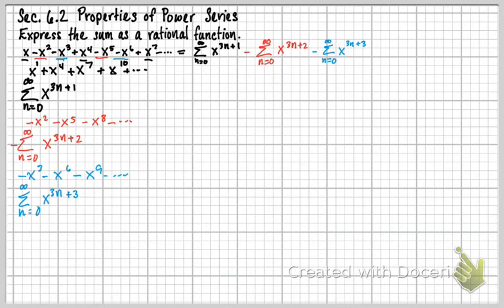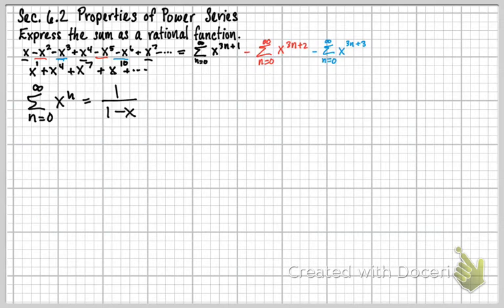Because when we think of the series that we know, we get this. And these series are close to it, all 3 of these. They're off by these plus 1, plus 2, and plus 3. So that's what we'll have to algebraically move around a little bit now.